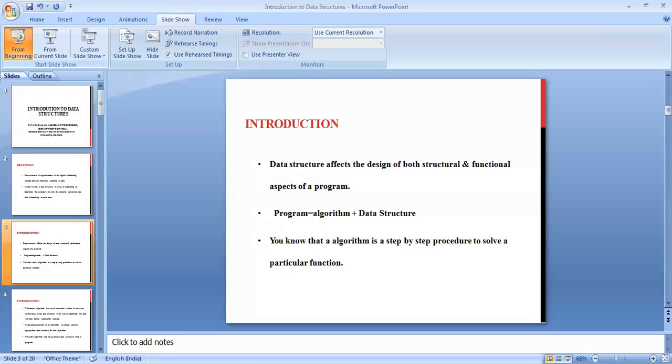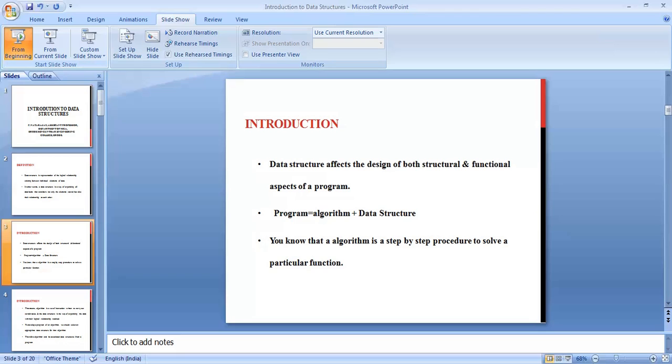Here we store some group of data. That group may be the same type, homogeneous, or different, heterogeneous. That's the thing we concentrate on here.